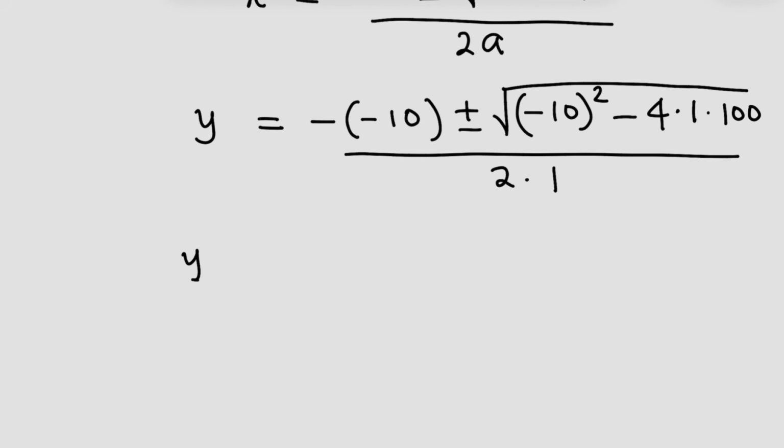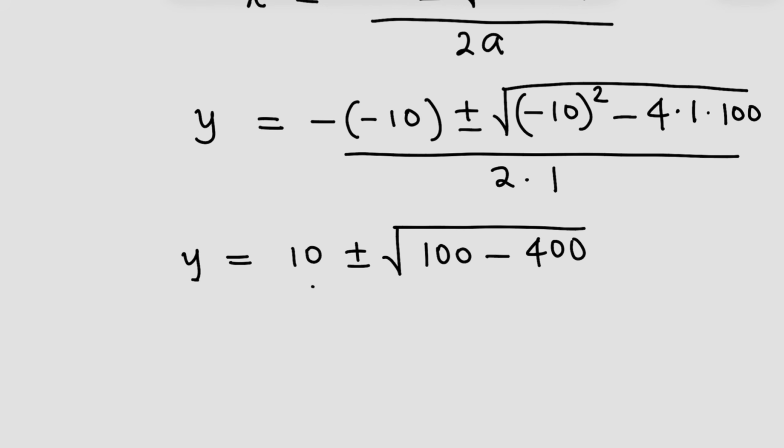Let us tidy these up. So I have 10 plus or minus, this is 100 minus 400, then divided by 2.